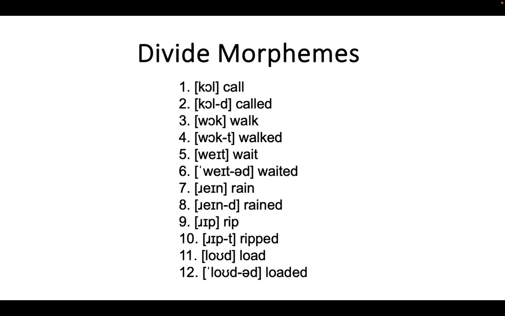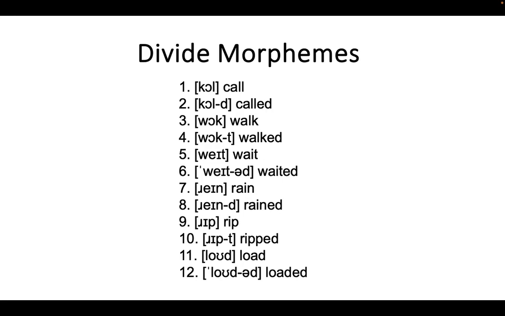And now we can look at the suffixes for all of the past tense verbs in this list, and we can really easily see how many different allomorphs there are. We're going to find that there are 3 allomorphs for this suffix. There's duh, as in the word called, there's tuh, as in walked, and there's ud, as in waited. So there are 3 different allomorphs here.